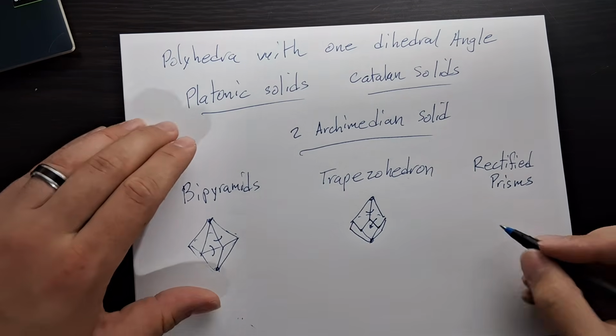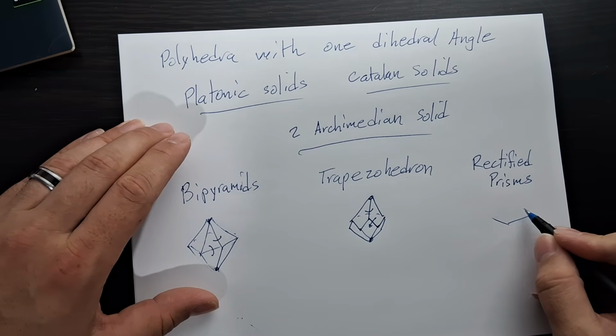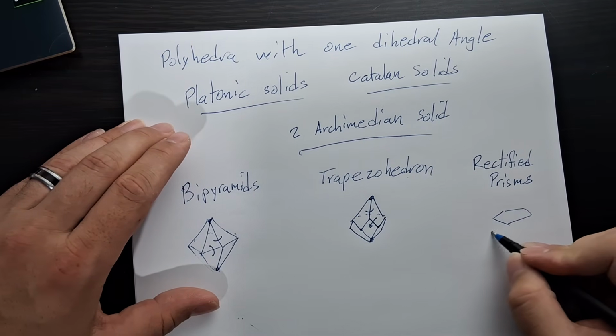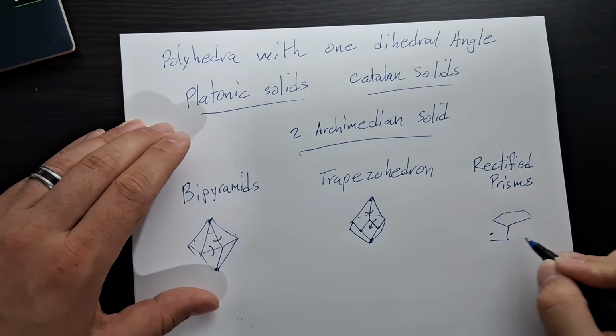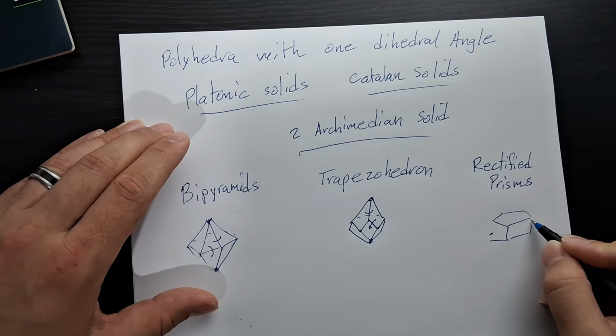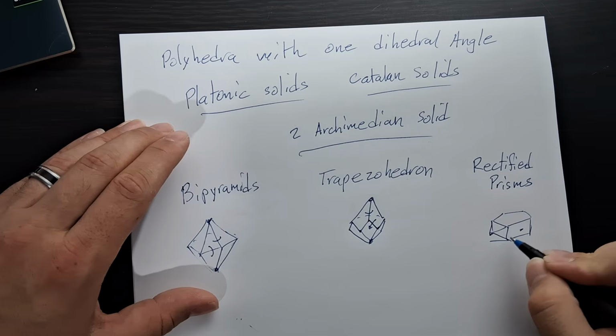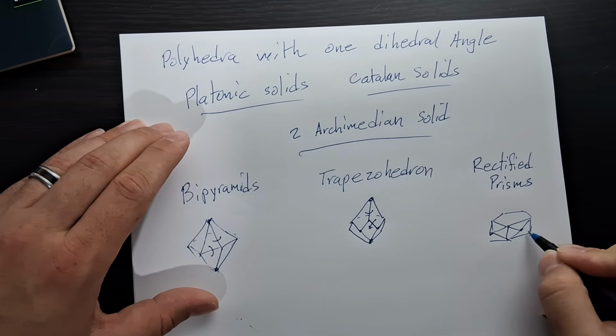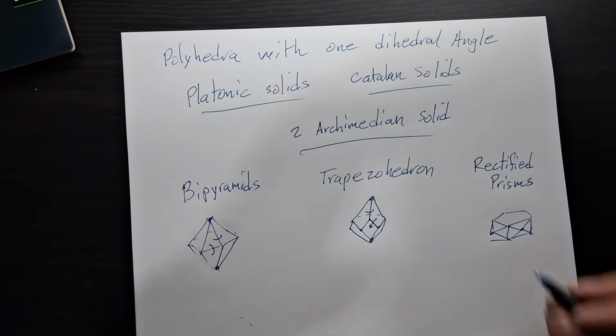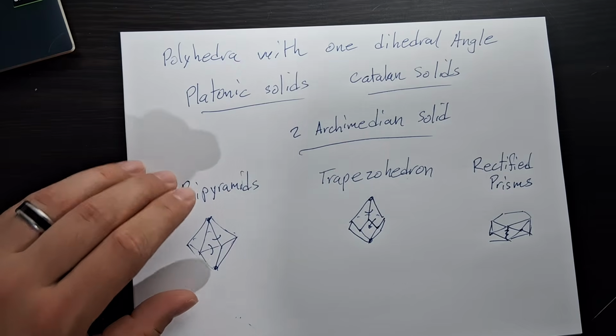The same thing happens with these rectified prisms. So I'll sketch this one again to the best of my ability. Okay, not a perfect sketch. In fact, that edge shouldn't be there.